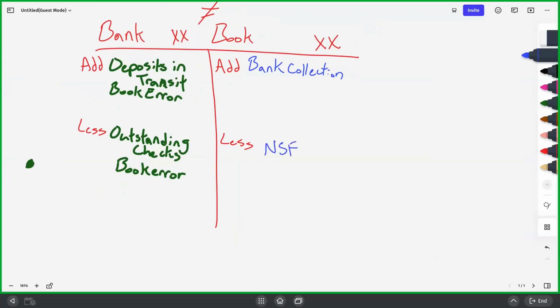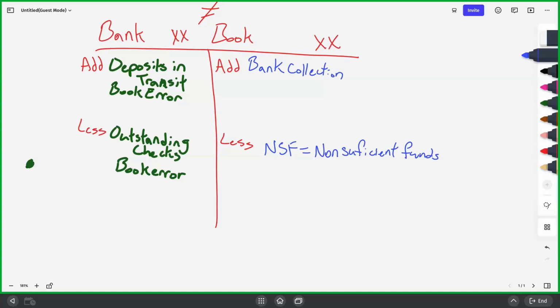Just to go over, this is non-sufficient funds. Technically, that is basically the customer tried to pay us, but the check bounced when it got to the bank. So the bank said, nope, you're not getting money today. So we have to fix that up. All right, what else? Now there's an EFT.